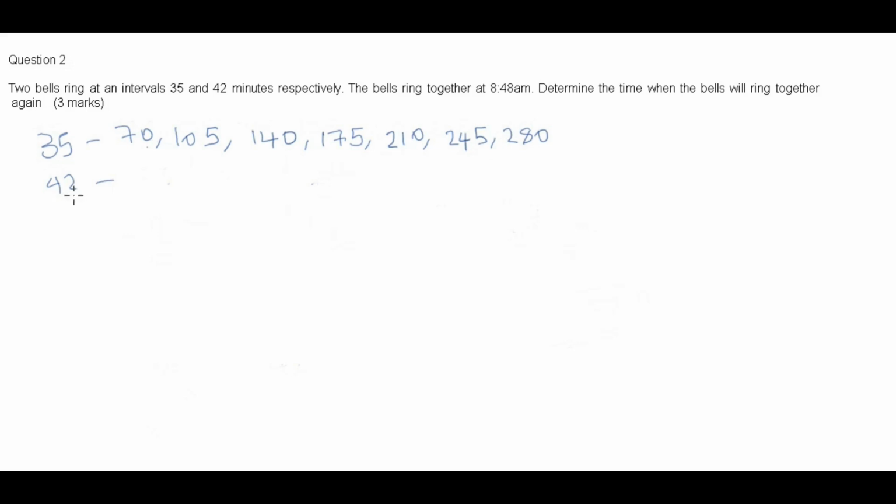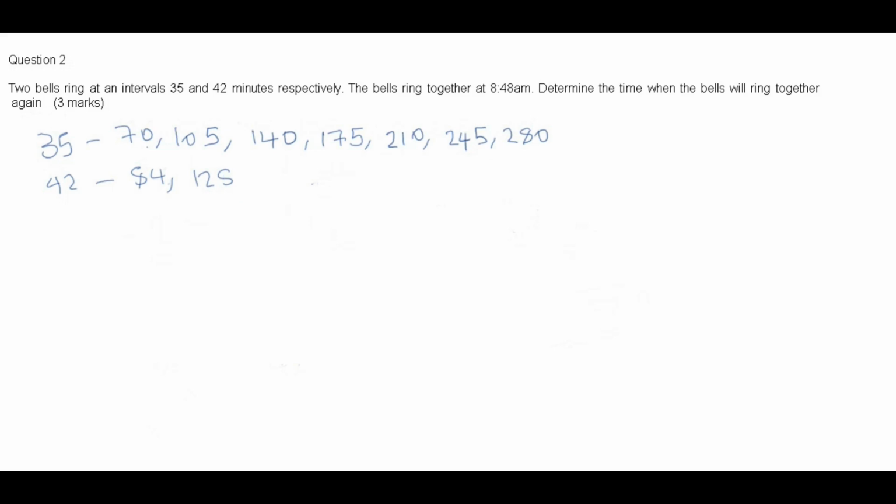So it rang after 42 minutes. The next ring will be after 84 minutes, because 42 plus 42 is 84. After the 84th minute, that bell will ring again at 84 plus 42, which is the 126th minute. This bell will ring again at the 126th minute, not 128.